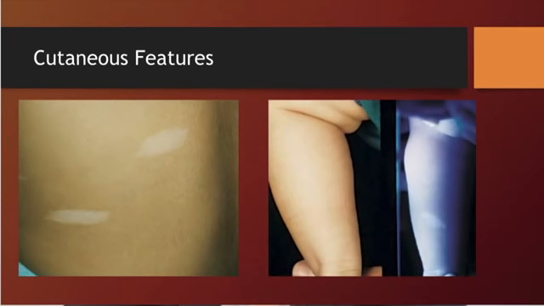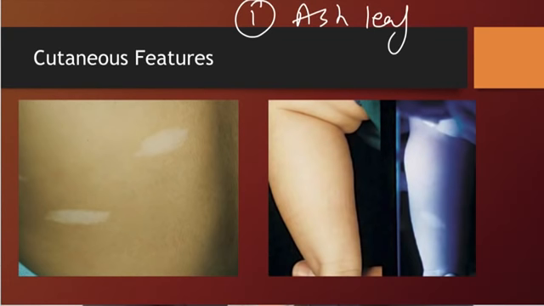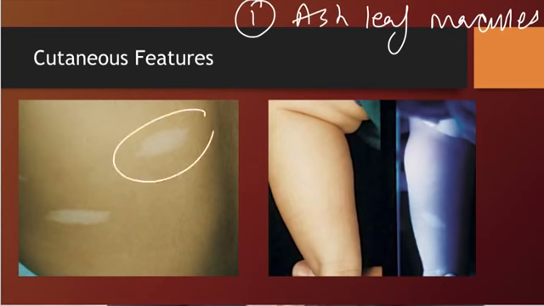Moving on to the cutaneous features. So first cutaneous feature which we discussed, the earliest manifestation of tuberous sclerosis, is ash leaf macules. So these ash leaf macules appear as white or hypopigmented macules or flat lesions on the skin.